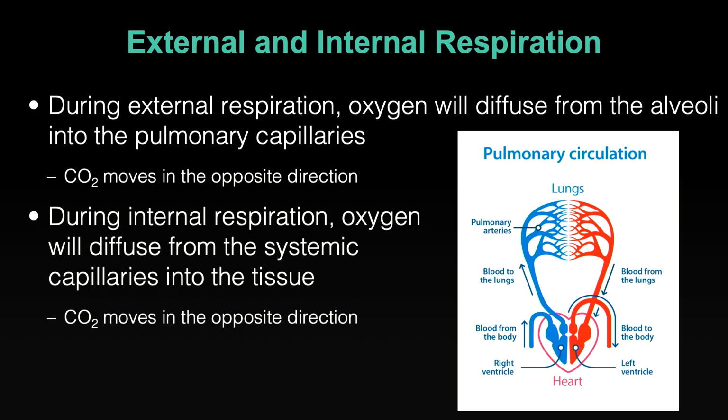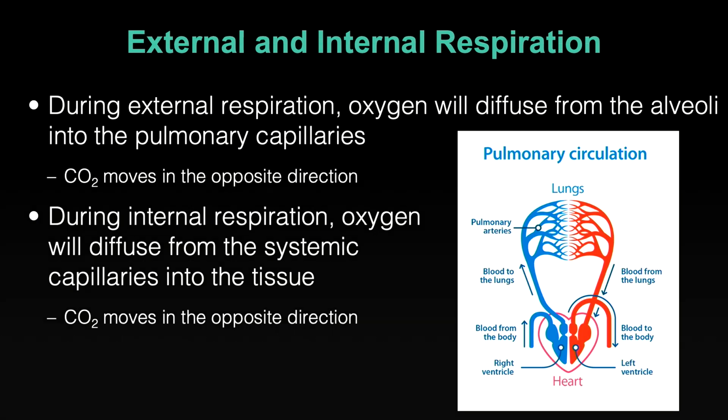We refer to the movement of gas from the air into the body as external respiration, and the movement of gases from the blood to the tissues as internal respiration. That's one way to separate those locations of gas exchange. But the overall process is the same. The directions of gas movement are different because the partial pressure gradients are different.